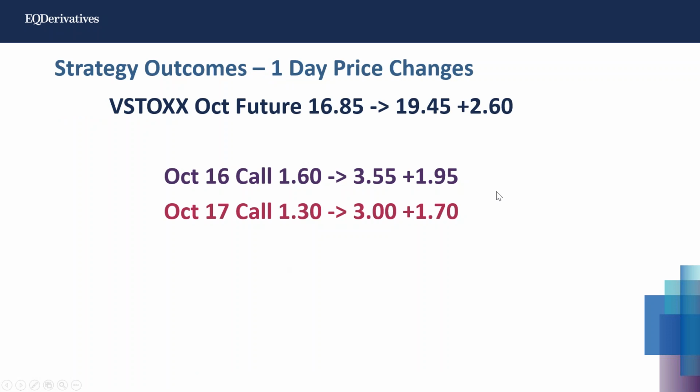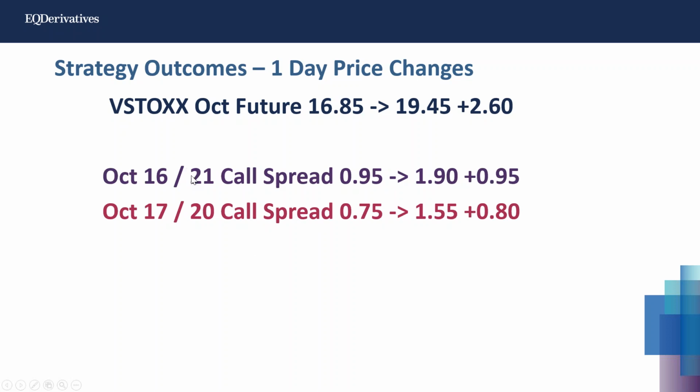So what happened with all of these trades? Well, first off, the October futures contract did move up from 16.85 to 19.45 on October 2nd. If you had purchased the 16 call, you'd have made a profit of about $1.95. If you'd purchased the 17 call, you'd have made a profit of about $1.70, with a little less cost to make the $1.70.